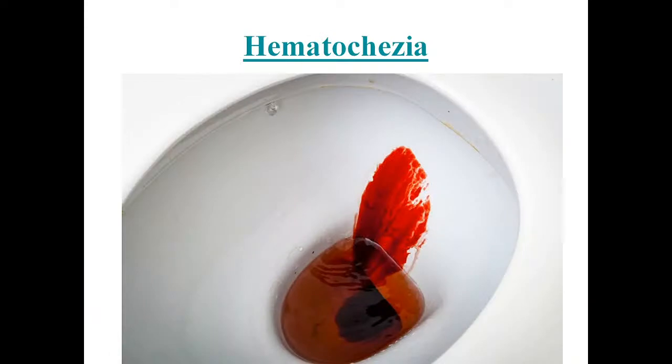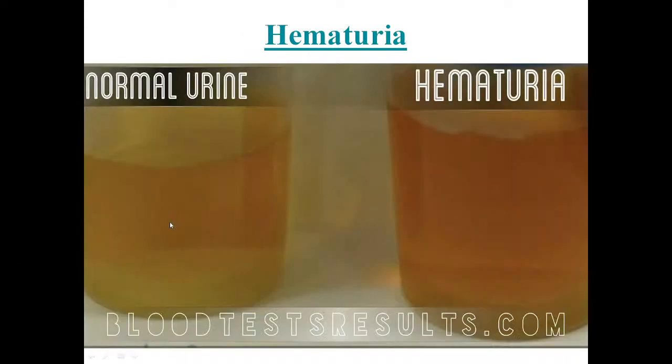The blood is degraded and becomes like coffee grounds. Hematochezia is stool with blood. Hematuria: in the slide you can see normal urine and urine with blood, called hematuria.